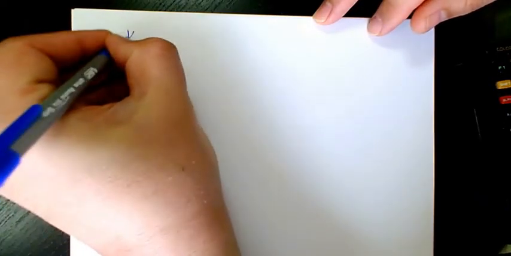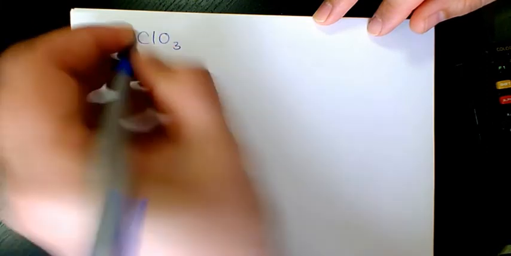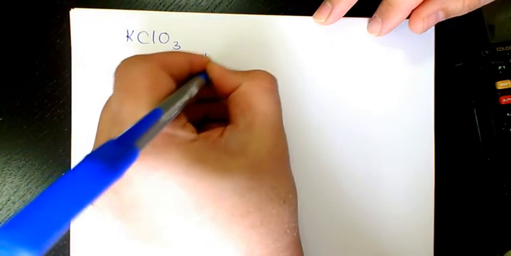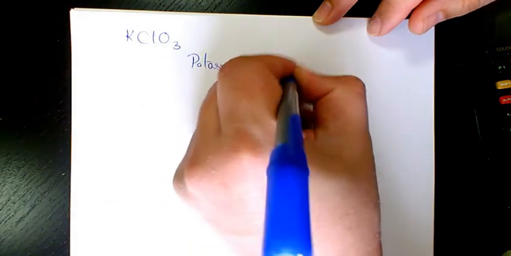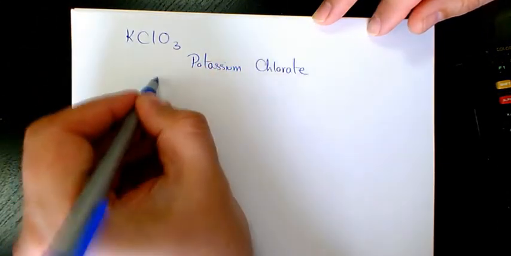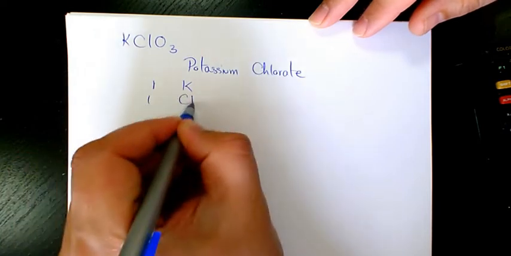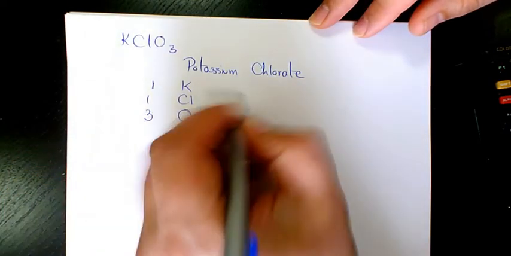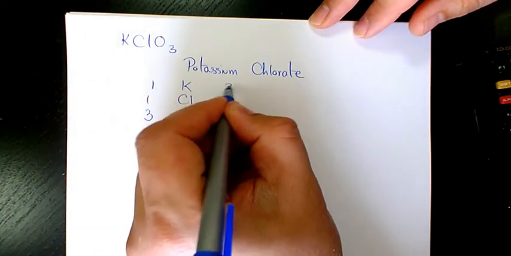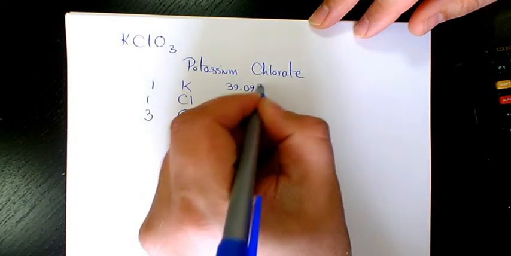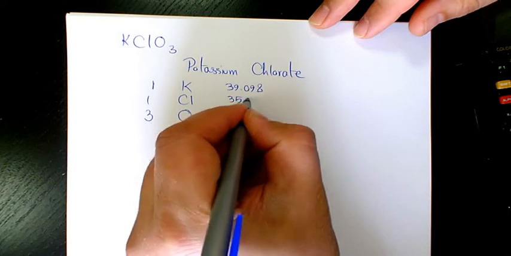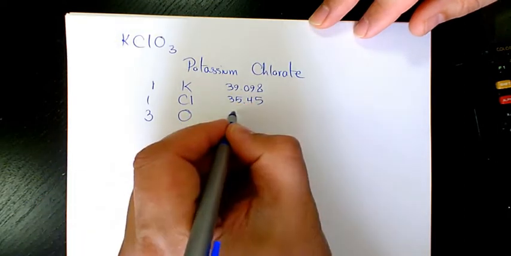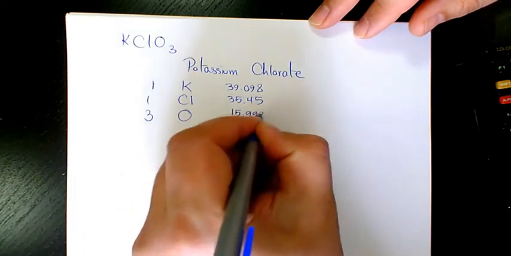Next compound is KClO3, which is potassium chlorate. We have one atom of potassium, one atom of chlorine, 3 atoms of oxygen. Potassium is 39.098, chlorine is 35.45, oxygen is 15.999.